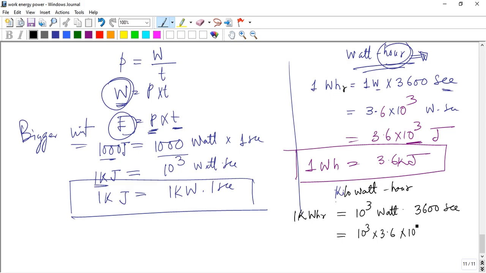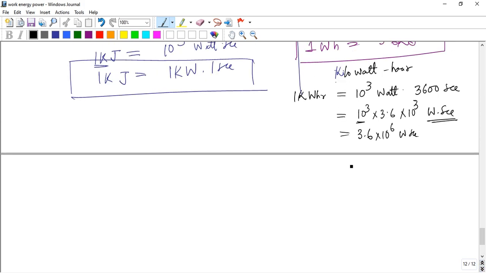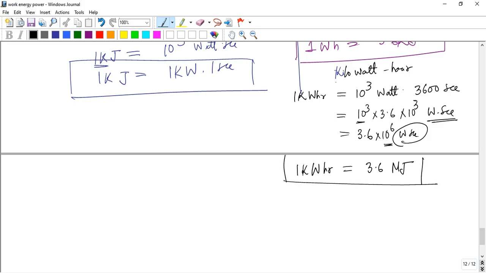That is mathematics. So 10 to the power 3 watt second is joule. Multiplying 10 to the 3 and 10 to the 3, the base is the same, so we add the powers. That is 10 to the power 6 watt second, so 3.6 into 10 to the 6, that is mega. Watt second represents joule. So 1 kilowatt hour represents 3.6 megajoule.